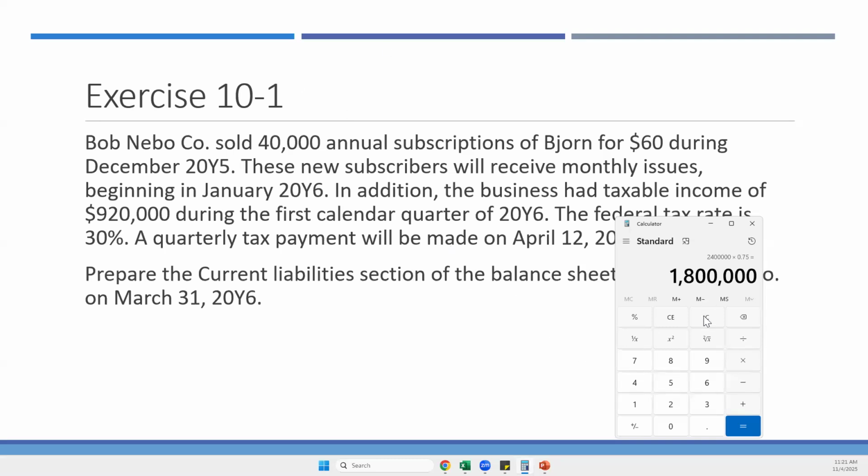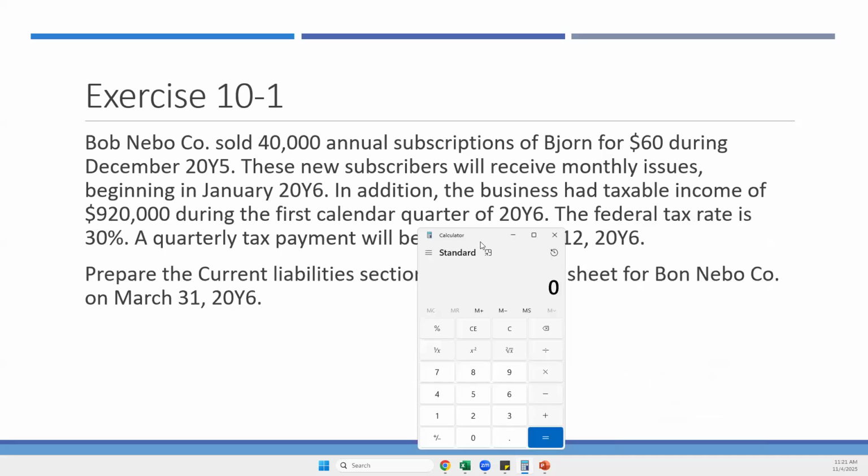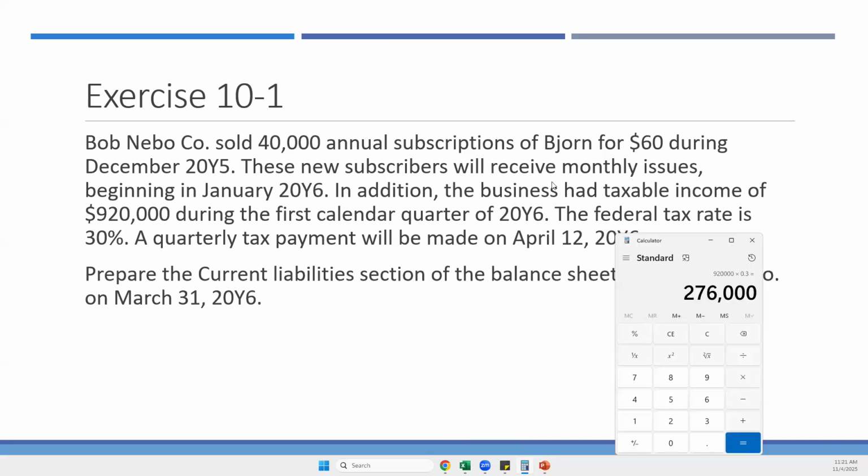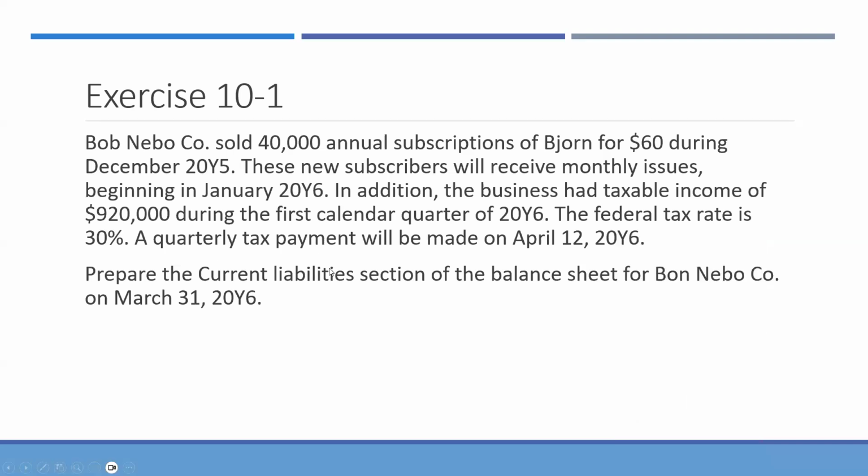And then the federal income tax payable, we're starting to make quarterly tax payments. So we have to estimate how much we're going to have to pay every quarter. And so the full year is 920,000 times 30%. Oh, during the first calendar quarter. Okay, that's important to note. So the business had taxable income of 920,000 in the first calendar quarter, and so we're using that amount to estimate the taxes that we owe.